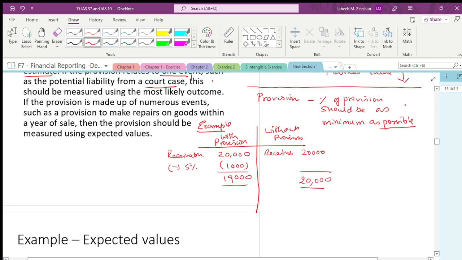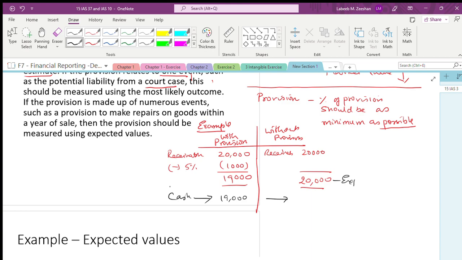Now, the problem will arise here. When you are receiving the cash, how much are you receiving? 19,000. Now, what happens? Here, we are expecting 20,000. But actually, we will receive 19,000.